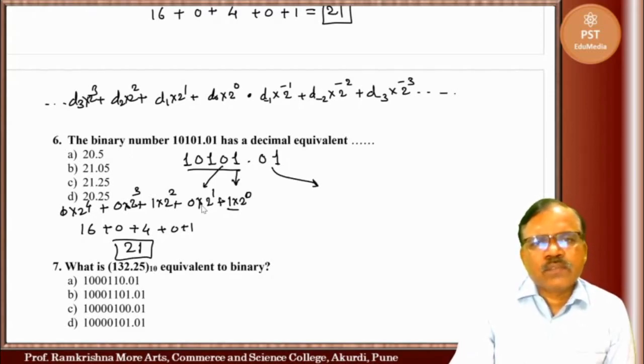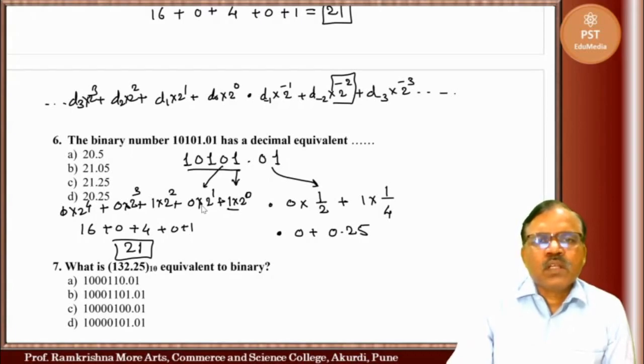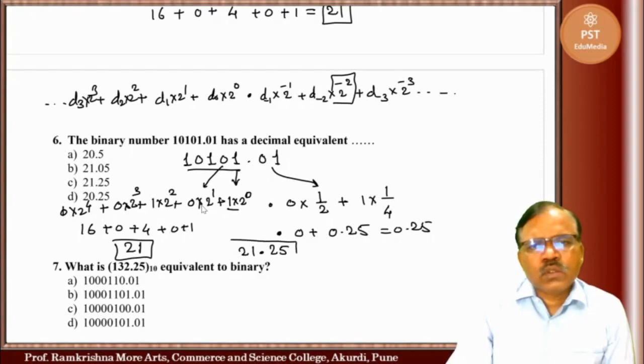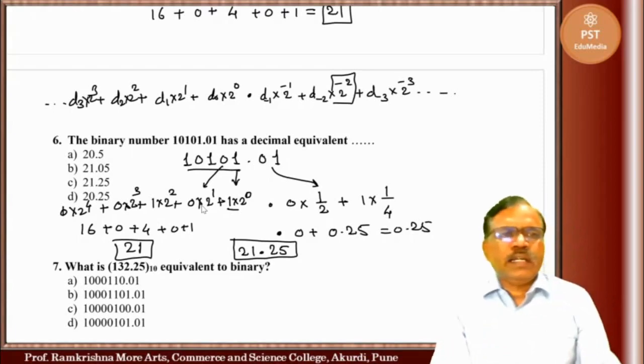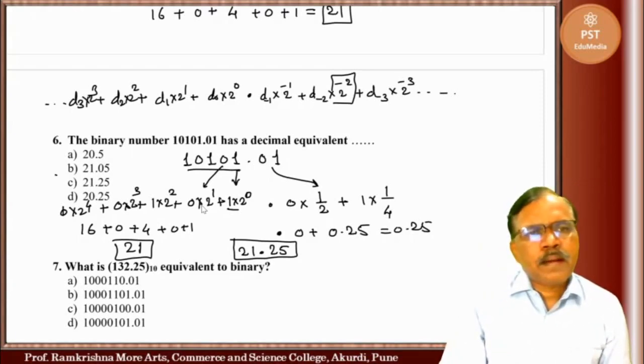Now we will take the fractional part. 0 into 2 raised to minus 1 means 0 times 1 half, plus 1 into 2 raised to minus 2 means 1 by 2 squared, that is 1 by 4. So we get 0.25. So on the left side the number is 21, on the right side 25, so 21.25 is the decimal number.